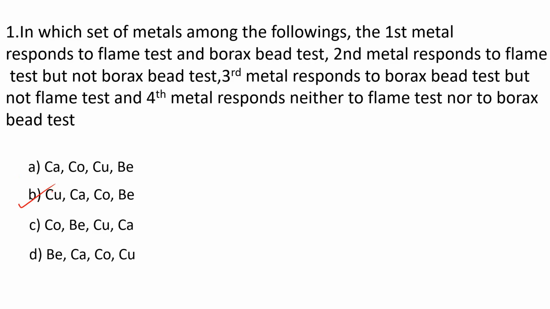Let me explain. What is the condition? First metal responds to flame test and borax bead test. See, copper. Copper, though it is a transition metal, not an S block element, still gives flame coloration. Already I explained, because copper chloride is uniquely volatile, and moreover copper has the electronic configuration like this.